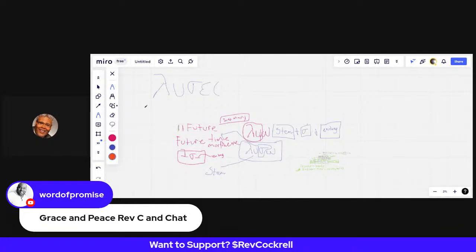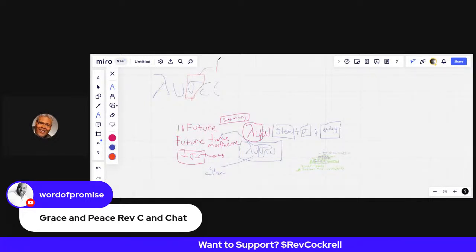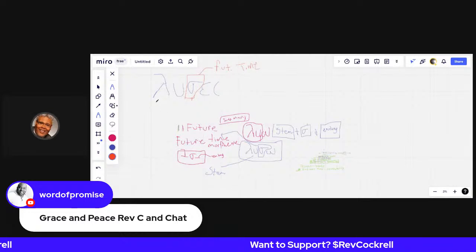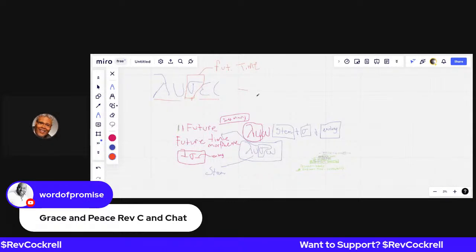Let me see if I can get. So notice, here is your sigma, your future time clue. This lets you know this is a future time morpheme. So here's my stem, sigma, ending. Third person, singular. He, she, or it will loose.